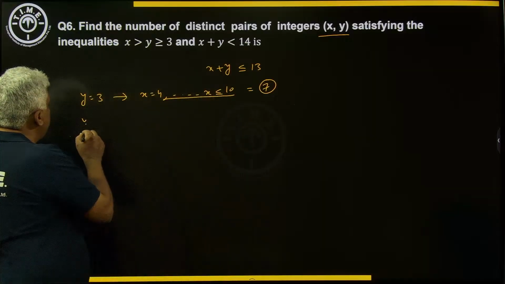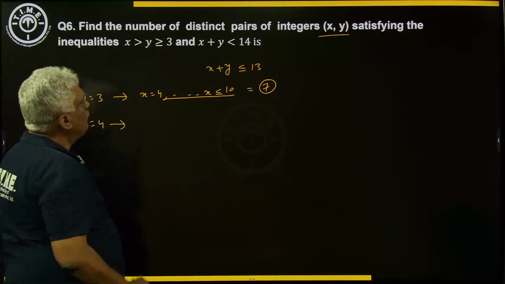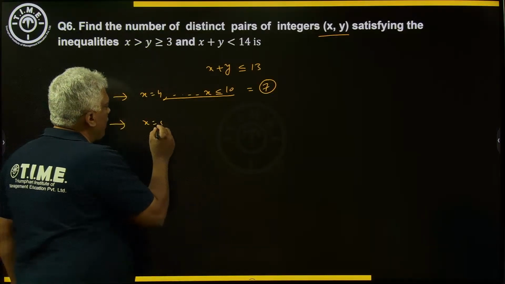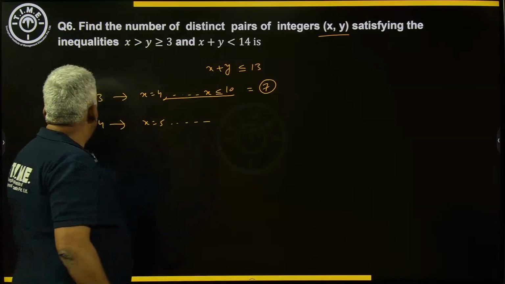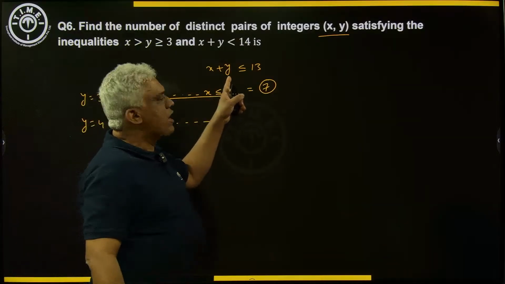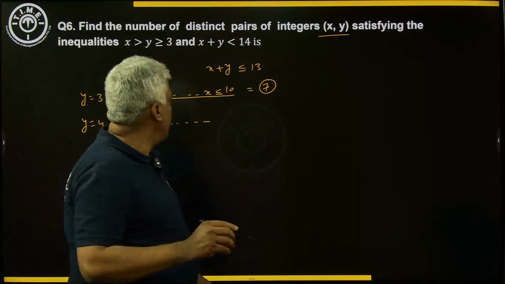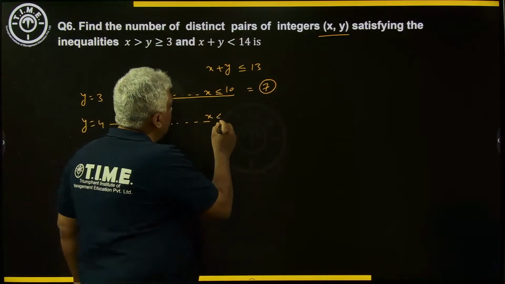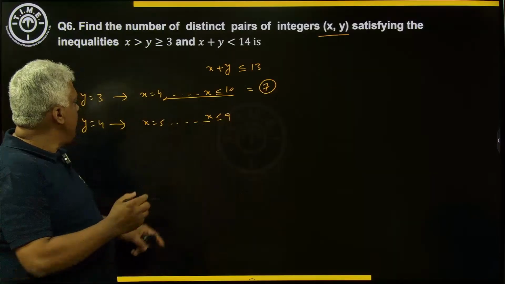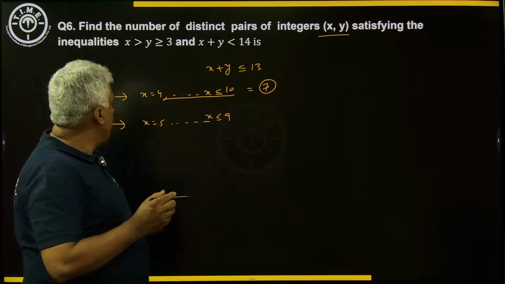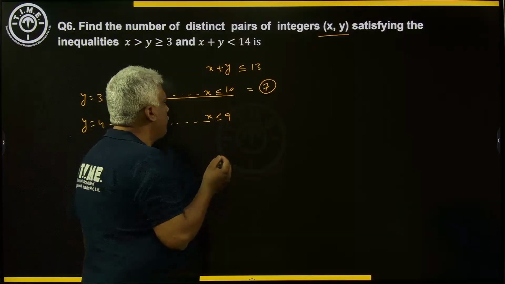Now suppose y is 4. When y is 4, x is more than 4, so we can start x equals 5. Put y equal to 4, take that side, x will be less than or equal to 13 minus 4, so x is less than or equal to 9. So x can be from 5 to 9. 9 minus 5 is 4, plus 1, 5 numbers.